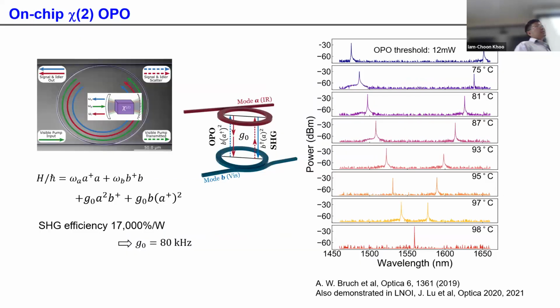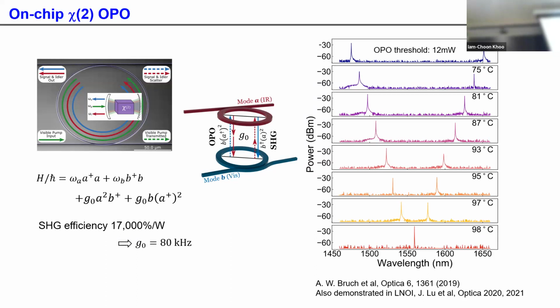So this is the second harmonic generation that I was showing you earlier. You can reverse that, because you have a strong coupling between the two different colors, and build an optical parametric oscillator. In an optical lab you need a huge amount of power, but on-chip you only need a milliwatt to produce a laser. Here's an example.